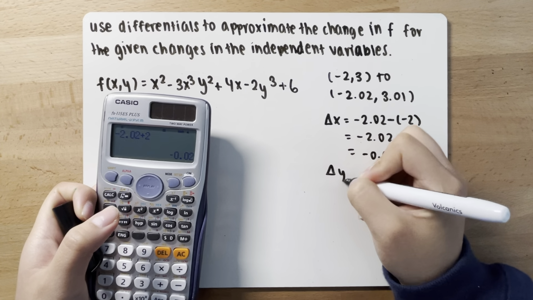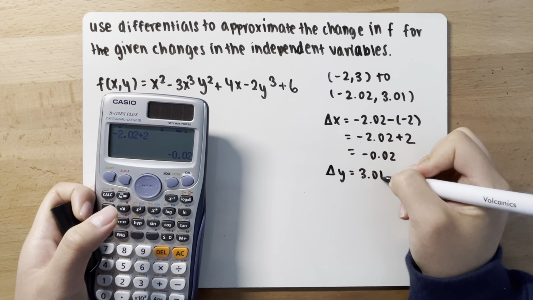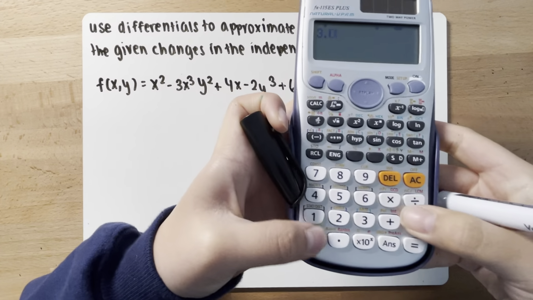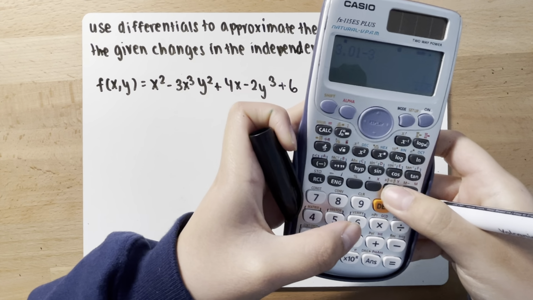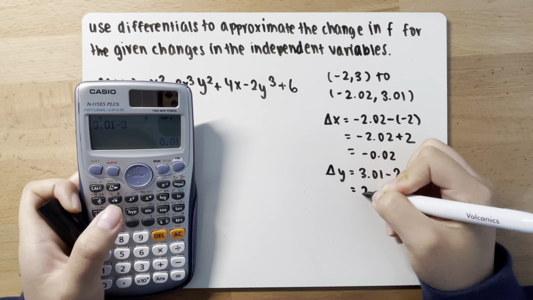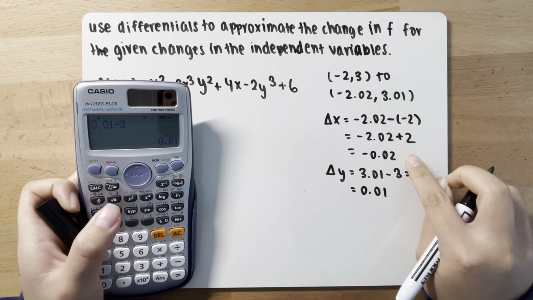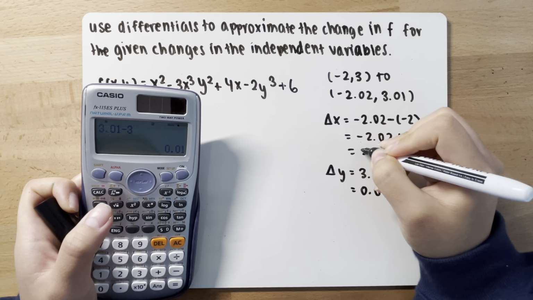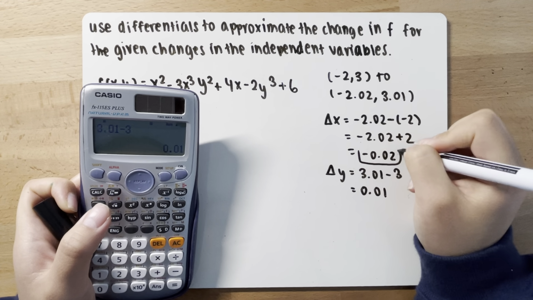Now do the change in y, 3.01 minus 3, you get 0.01. Okay, so this will be your values for the changes.